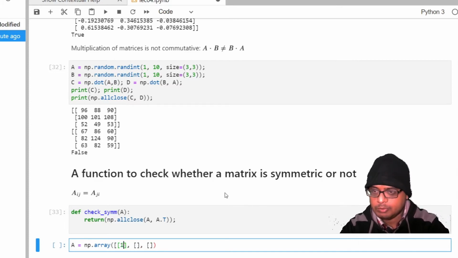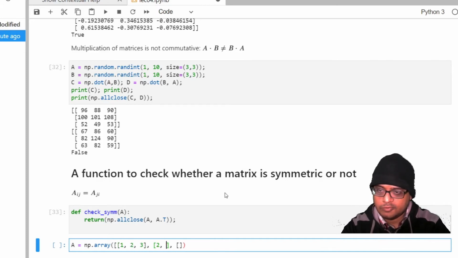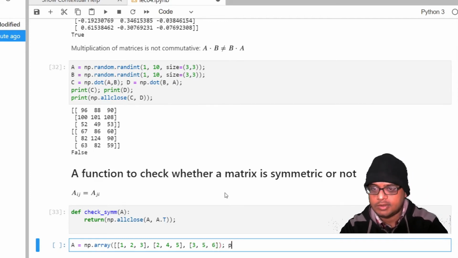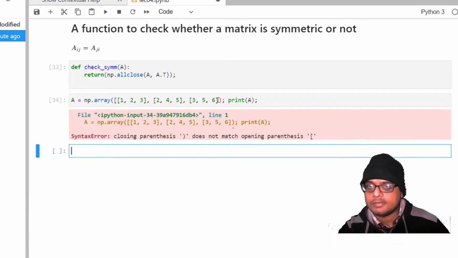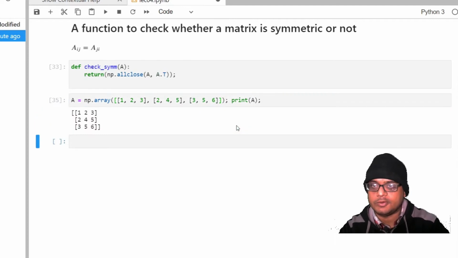Let me make it 1 2 3, 2 4 5, and 3 5 6. Let me print what A is. We forgot a bracket over here.